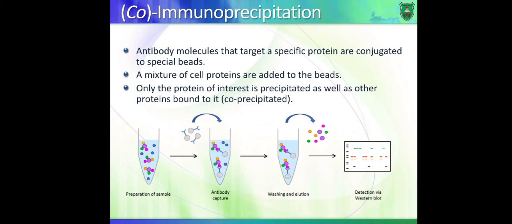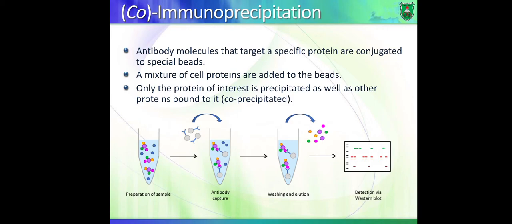And we remove all of the other proteins that are not bound to our complex or our protein. So we take these proteins and we can release them from the immunoglobulin, and then we can analyze the nature and identities of all of these proteins using different techniques. An example is Western blot.